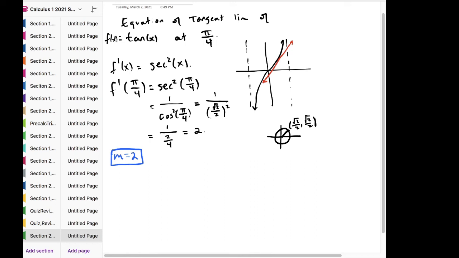Right, we need a point, and in particular at pi over 4. Think about it. Being a tangent line, it must hit pi over 4. You don't know where else it hits. So there's only one point that you really know immediately, because it has to be at pi over 4 and f of pi over 4. So what's f of pi over 4? What's tangent of pi over 4? So this is your x0, y0.